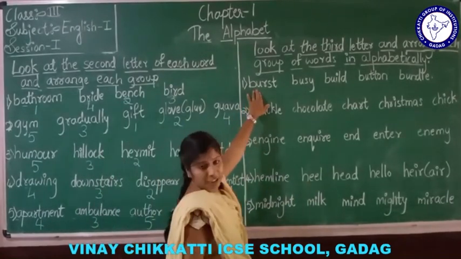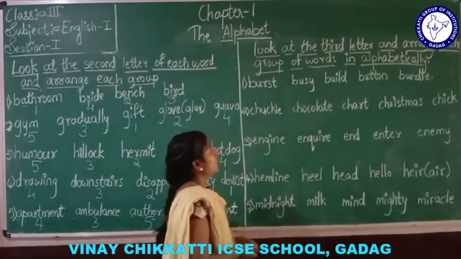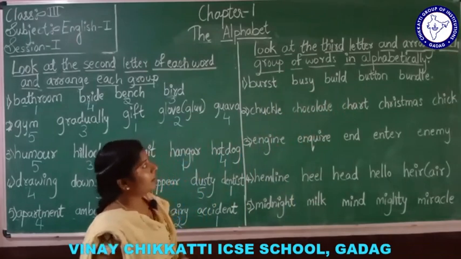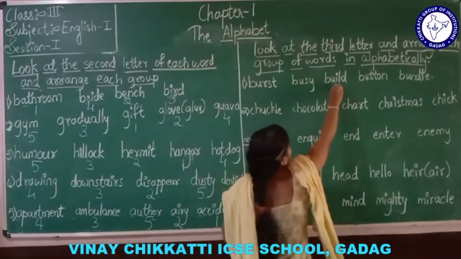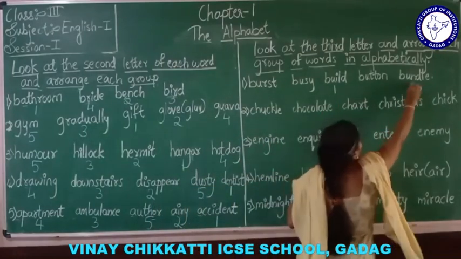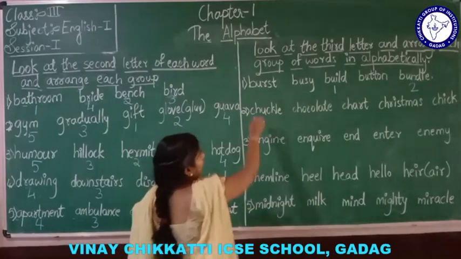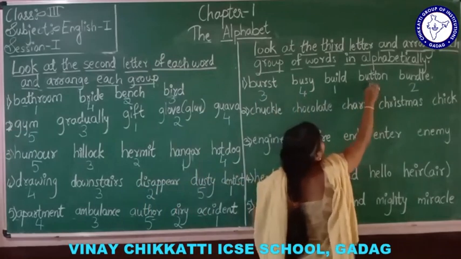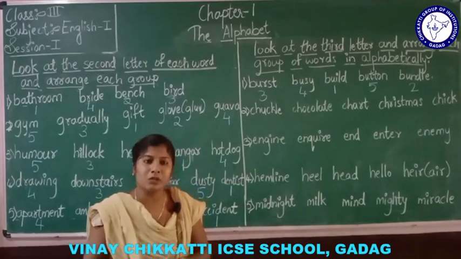We have to see the third letter: R, S, I, T, N. Now start. A, B, C, D, E, F, G, H, I, J, K, L, M, N, O, P, Q, R, S, and last it is T. Understood, students? Did you understand how to arrange with the third letter?